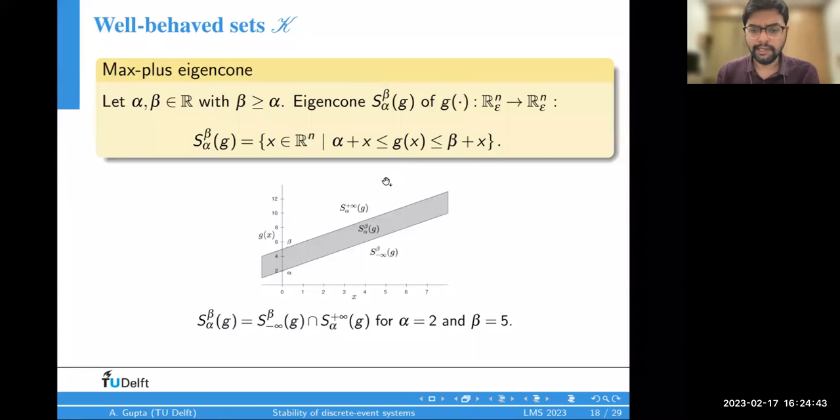This is what I study in one of my conference papers.